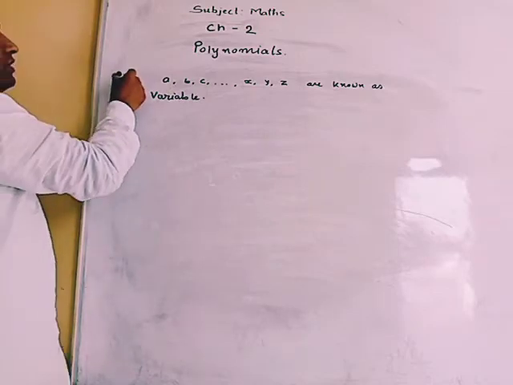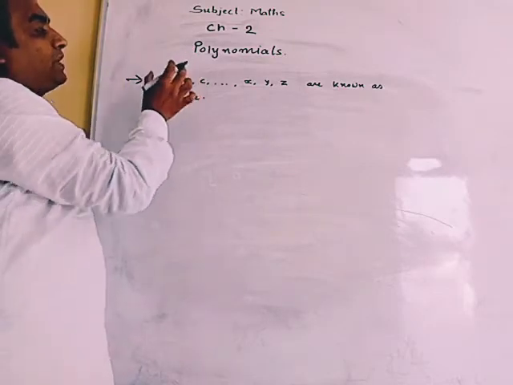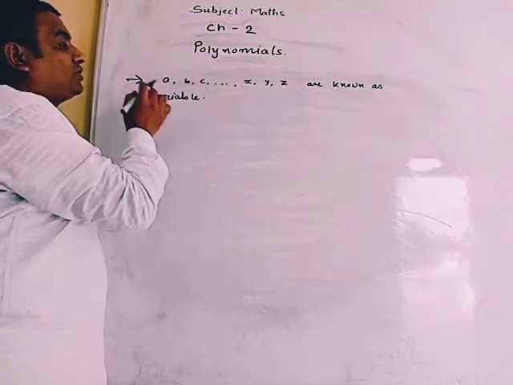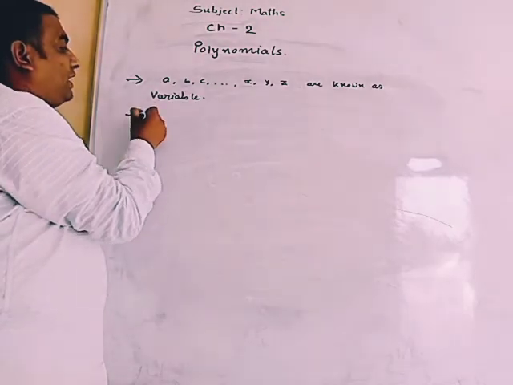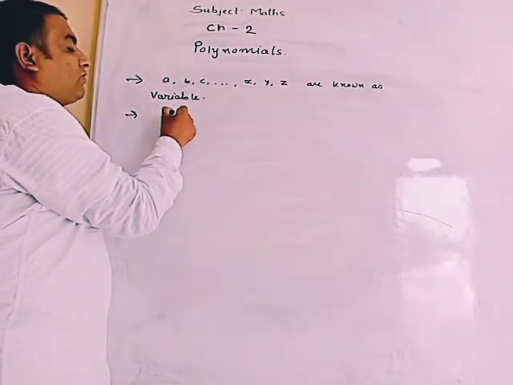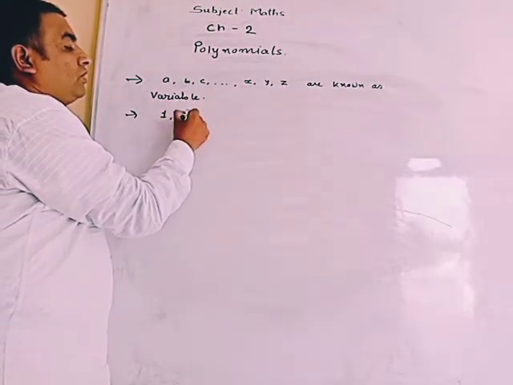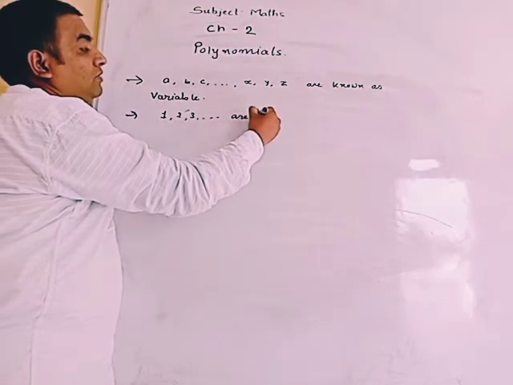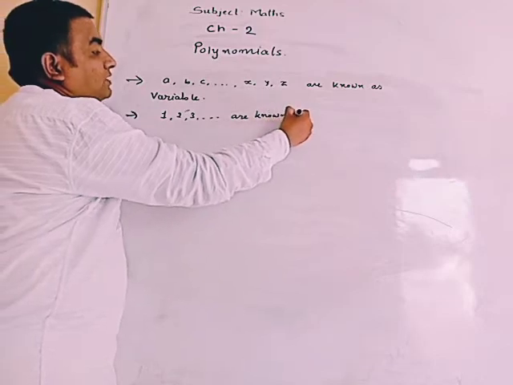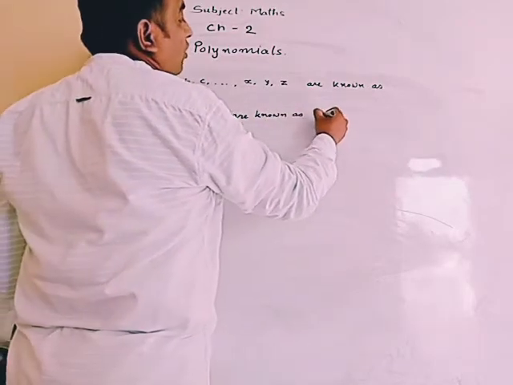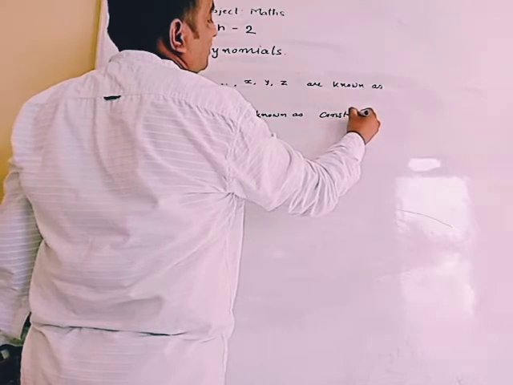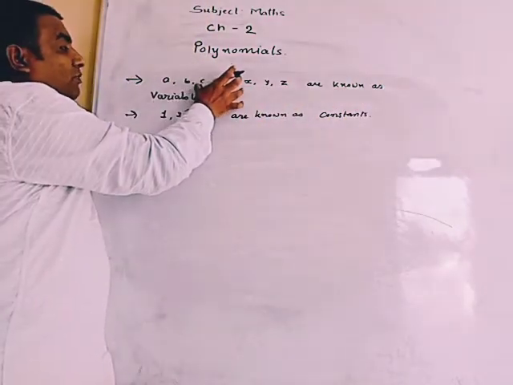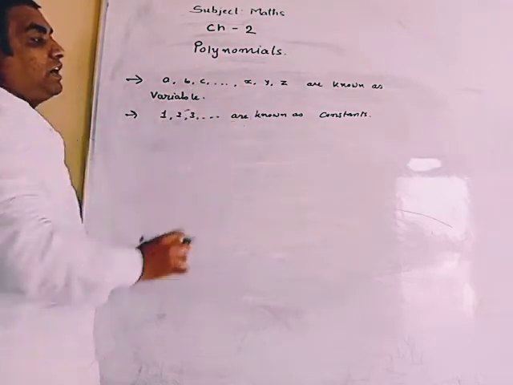Whichever we don't know and we represent by alphabetic letters for the number or symbol, it is known as a variable. While the fixed number values like 1, 2, 3, whatever we are using, are known as constants. So unknown numbers are variables and 1, 2, 3 are constants.